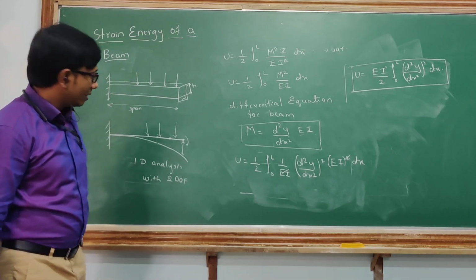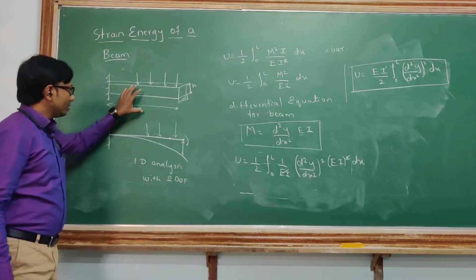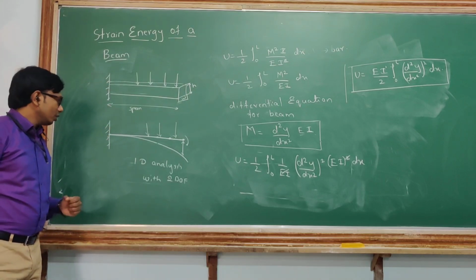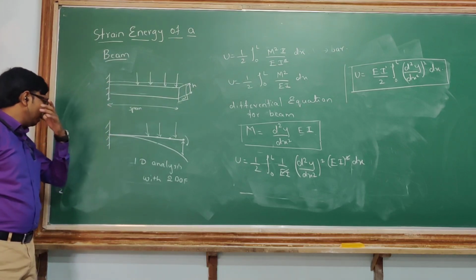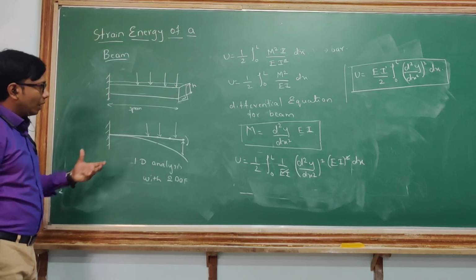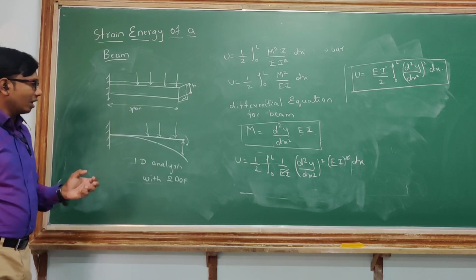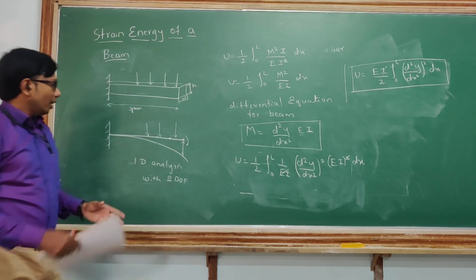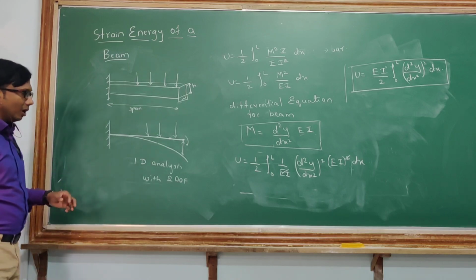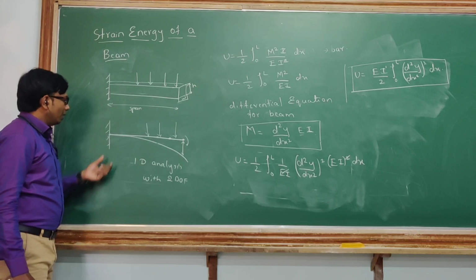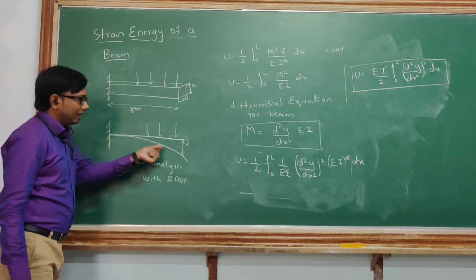I'll just repeat once again what we have done. We have considered a beam and modeled it in 1D, as we already studied the bar problem. In a bar problem, we did one-dimensional analysis with 1 degree of freedom, where length was the only parameter. Now in a beam, whenever I am trying to analyze the bending or the deflection, the beam doesn't bend linearly.